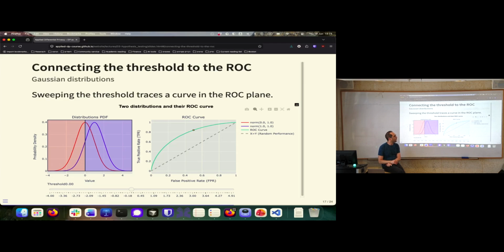Doing the language of positives and negatives, it's easier to agree. The problem is that the privacy literature, even though it's in the computer science realm, got most of its terminology from hypothesis testing for some historical reasons.